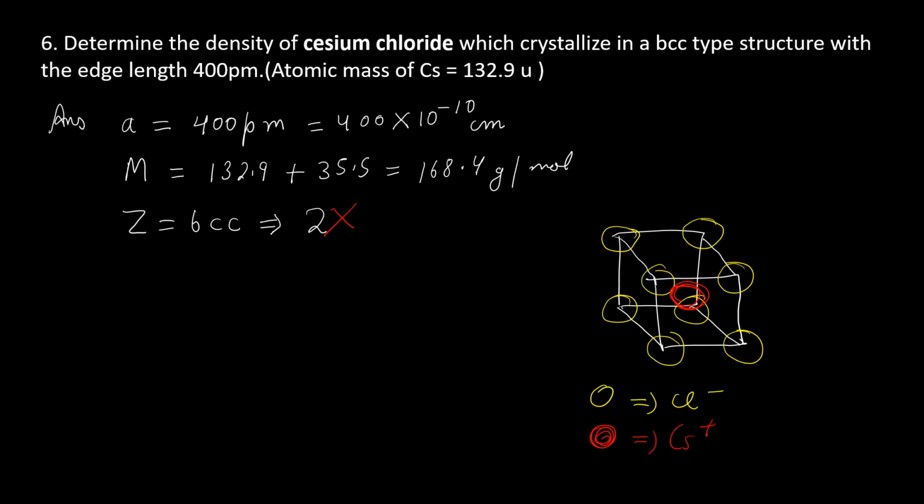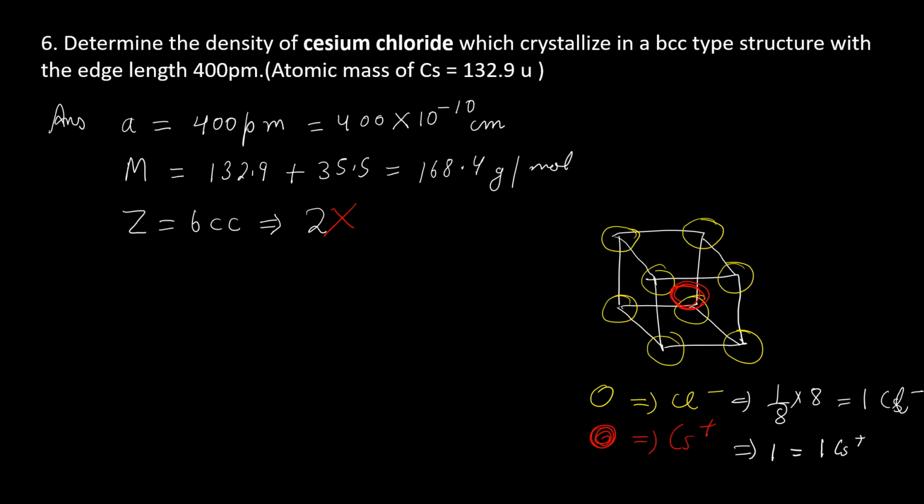Since chloride ions are present at the corners of the cube, each will contribute 1 by 8, into 8, that is 1. So only one chloride ion is there. Similarly, the cesium is present inside the body, so it will be contributed fully. So one cesium ion is there.